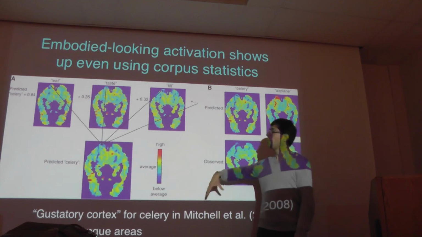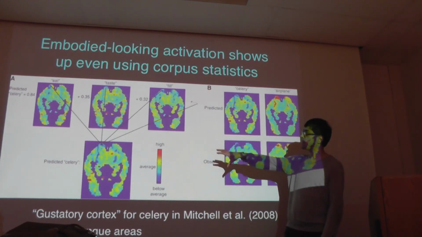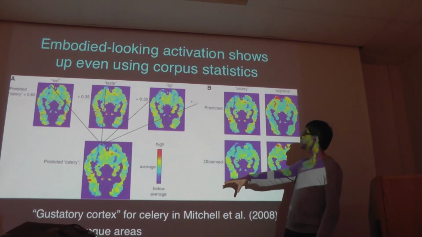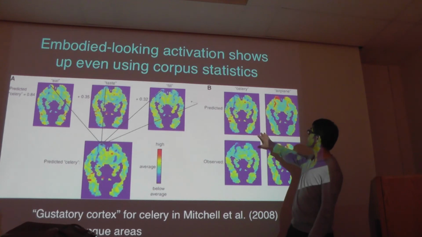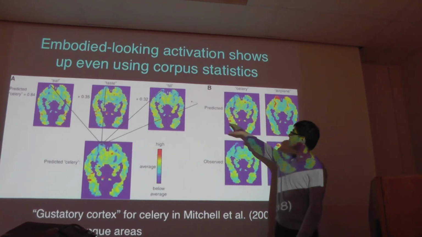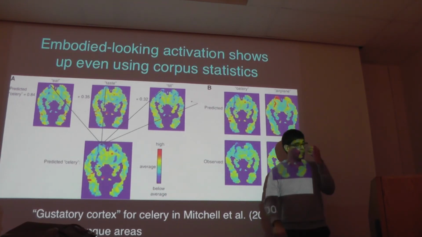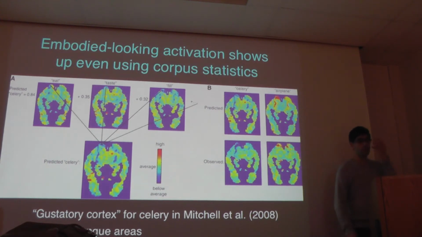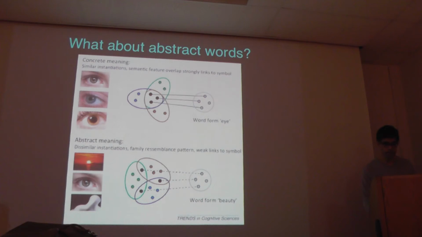But if you take that purely text-derived model and ask what it predicts for the word celery, you get this part of the brain around your mouth area, gustatory cortex, it's called. So this is Pulvermuller's picture, where he tries to say, how can we go into abstraction? He tackles it, they realize it's a problem.